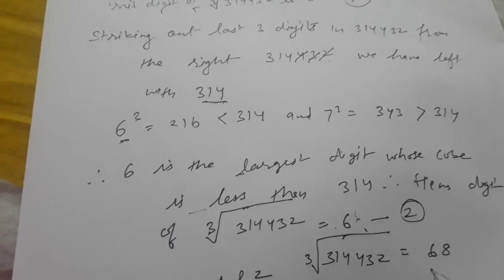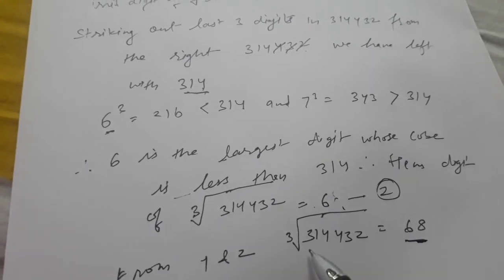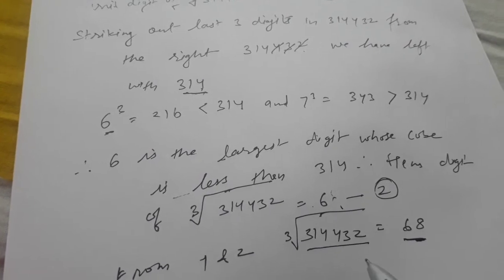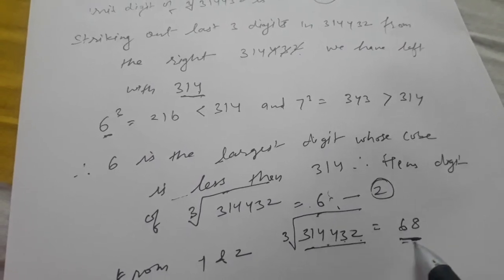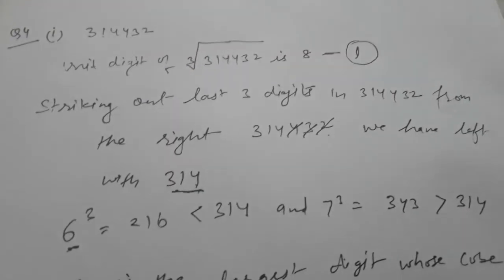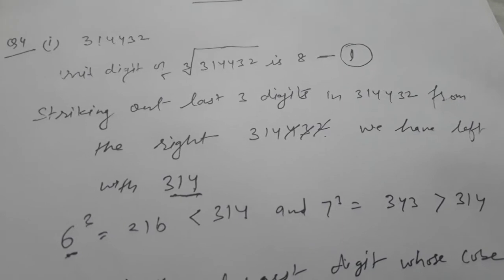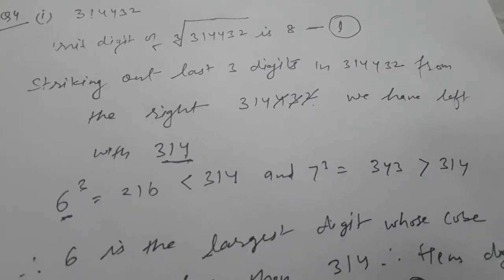So we can say the cube of 68 is 3,14,432 and the cube root of 3,14,432 is 68, which is our answer. Hope the steps are quite clear. Still facing any type of problem, you can ask me by commenting in the comment box.